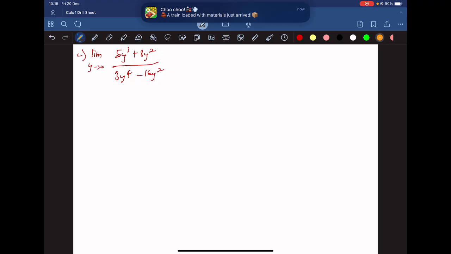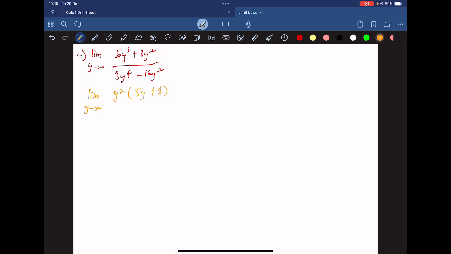So in that case, what you have to do is, first of all, since this is a polynomial, you can simply factorize common terms. So with the first one, you're going to see that we can factorize y squared here and y squared here. So in that case, we have y squared outside, then 5y plus 8.